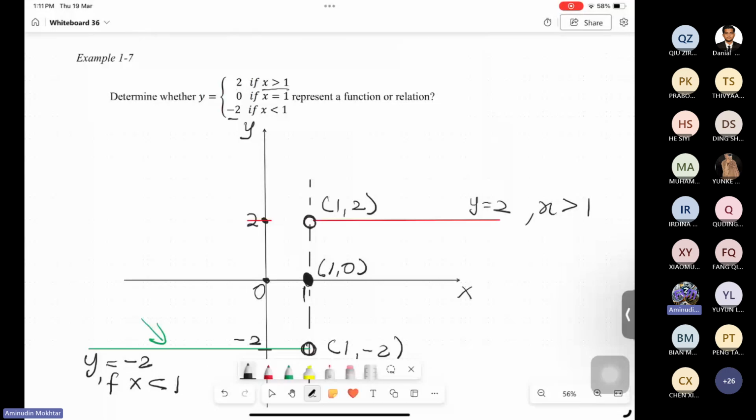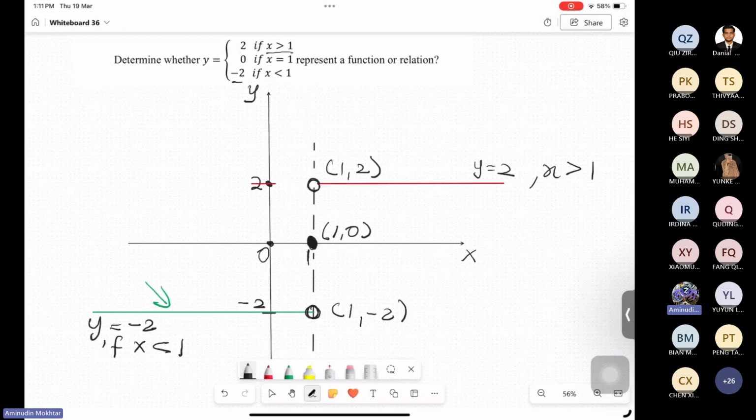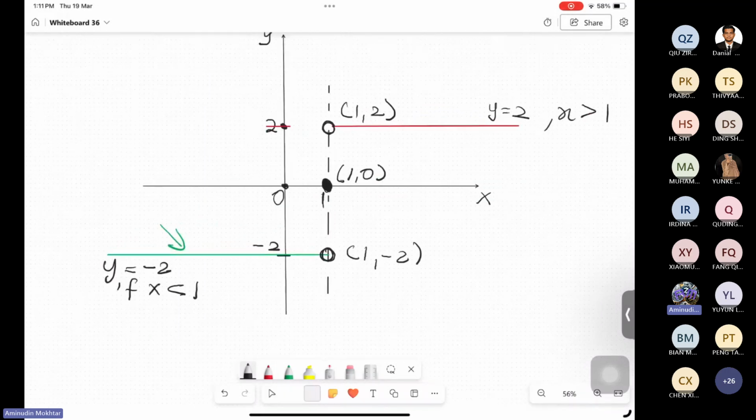The value of y exists at point 0, not at point 2 or -2. That's why for this graph, I put labels here: A, B, and C. At point A and point C, we need to draw the white dot.